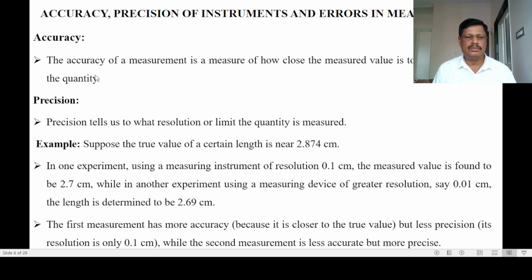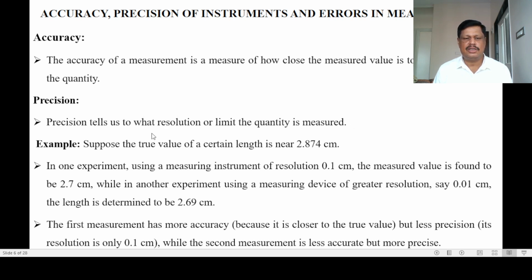Accuracy. The accuracy of a measurement is a measure of how close the measured value is to the true value of the quantity. Precision.